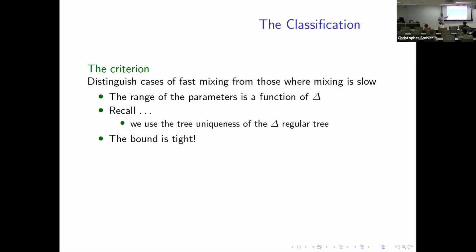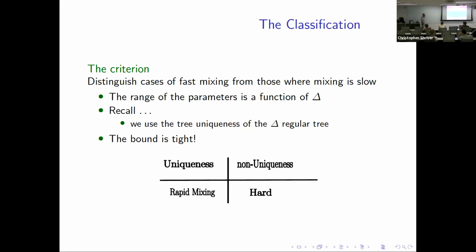So in order to proceed, let's step back a bit and try to see what we are trying to do. This whole discussion I've been showing you so far is basically me trying to make a case and distinguish cases where mixing for Glauber dynamics is fast and cases where mixing is slow. And I have this very nice division: uniqueness, non-uniqueness. In uniqueness, everything is beautiful. In non-uniqueness, things can be hard.